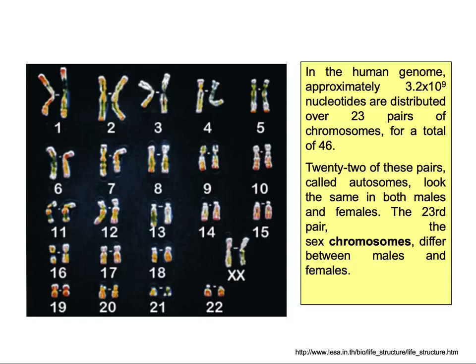So these cells have pairs of chromosomes. So if you have these pairs, it means that they are together. It's something called a somatic cell, which means it has been fertilized. But if it's just the sperm and the eggs, we call them haploid cells because they have only one of each chromosome.